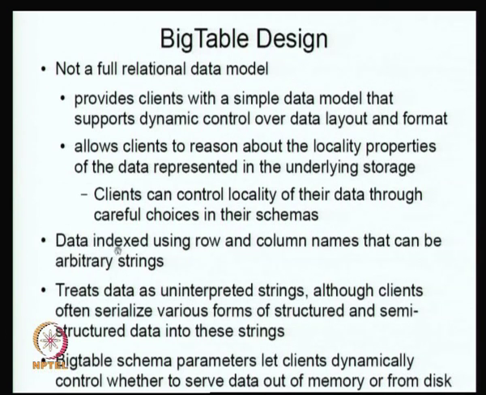The data is indexed using row and column names that can be arbitrary strings. Again, as we said before, it treats data as uninterpreted strings, but clients can serialize various forms of structured and semi-structured data onto these strings.